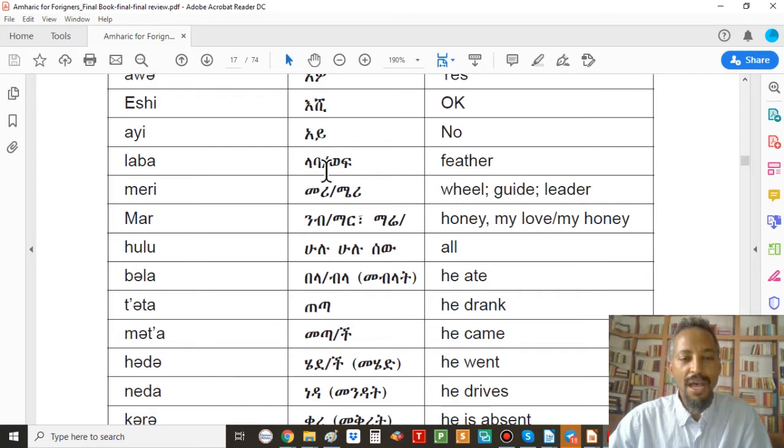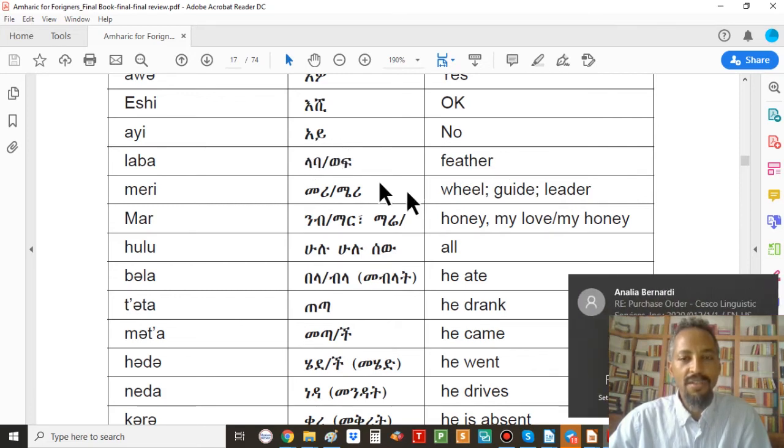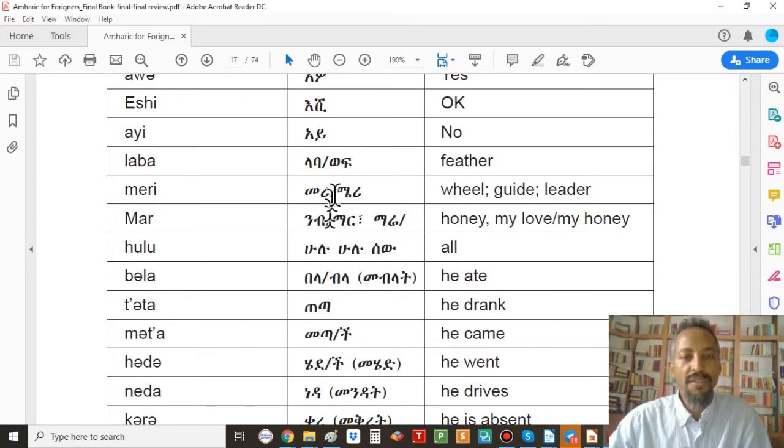But laba is the part of the bird's body which is feather. The one after the slash is wolf, which means dirt.